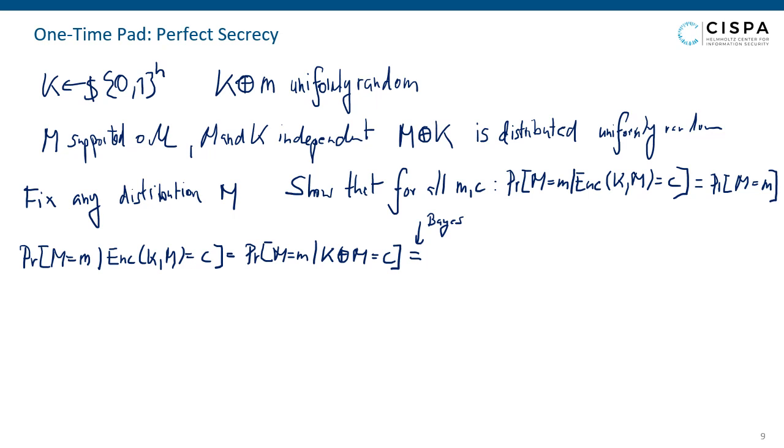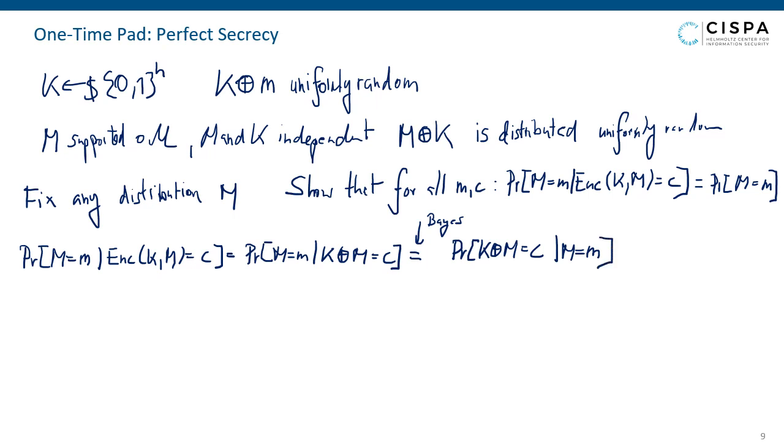Applying Bayes' rule, we obtain that this is the same as the probability that k XOR M equals c conditioned on M equals m. This already looks a lot better.